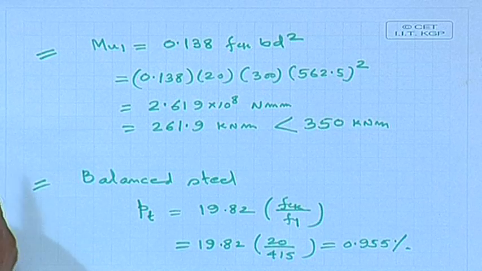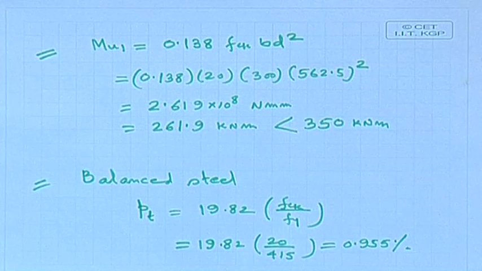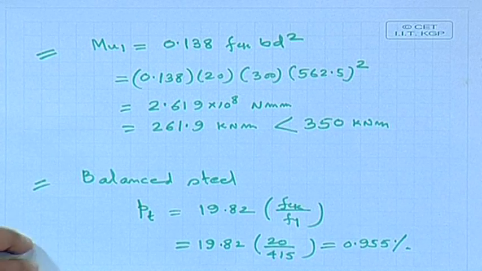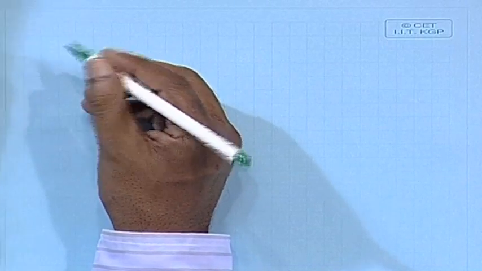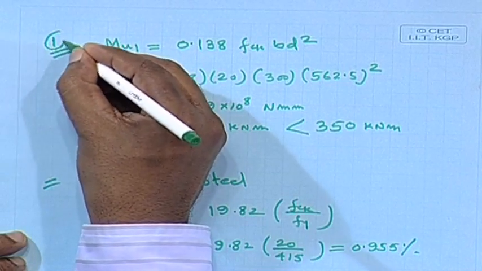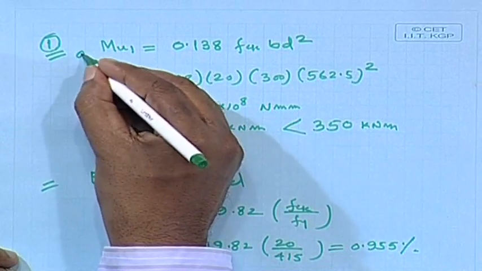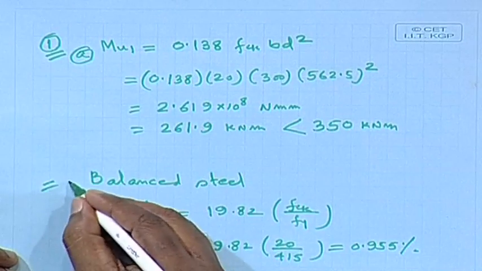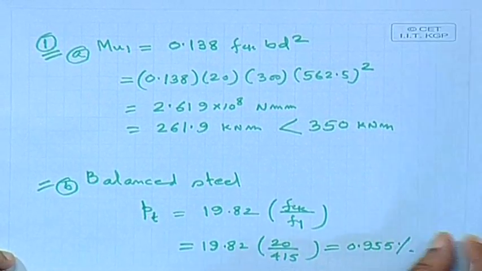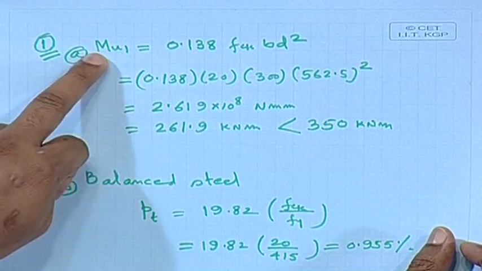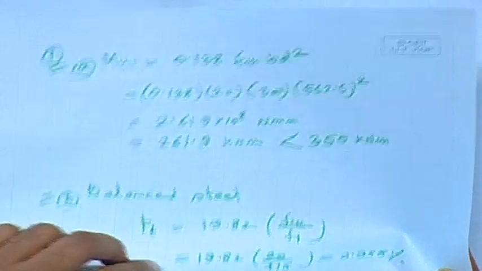Or you can start from the first principle. Let us give this one as number 1, 1A and 1B. So, we are getting for the balanced section.